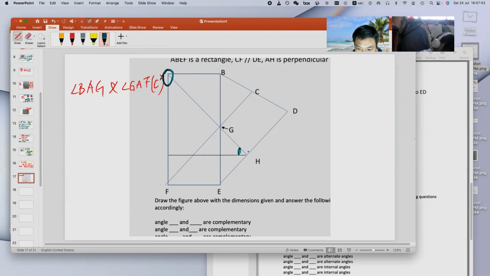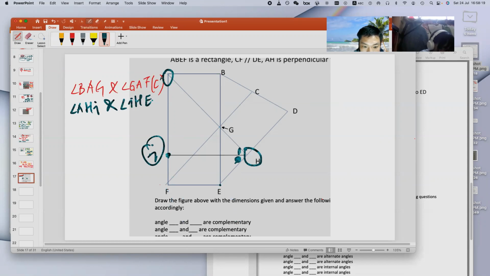A, H. What's this point? Nothing, right? Okay, I missed this out. Let me call it I. So angle AHI and this angle, IHE, are complementary.